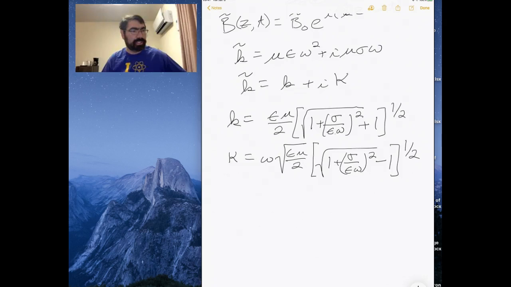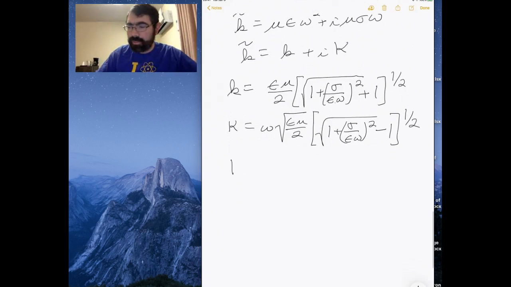But essentially, what's the interpretation of this? Well, the interpretation is that the constant kappa tells us how much the wave dissipates in the z direction.